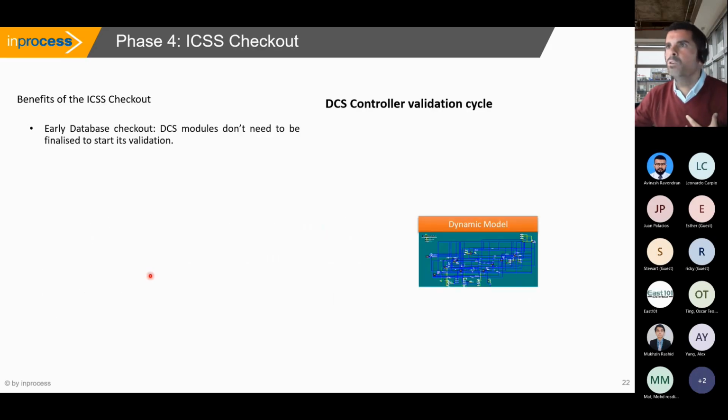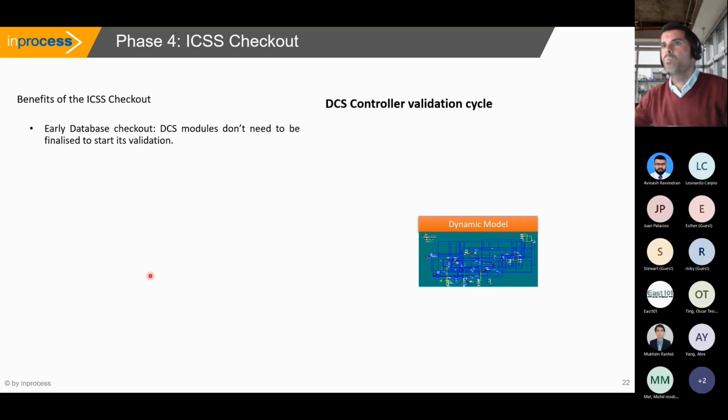An ICSS checkout means that we can take advantage of that dynamic model that we have already built, that has been enlarged and has been growing along the different stages to reach that point.